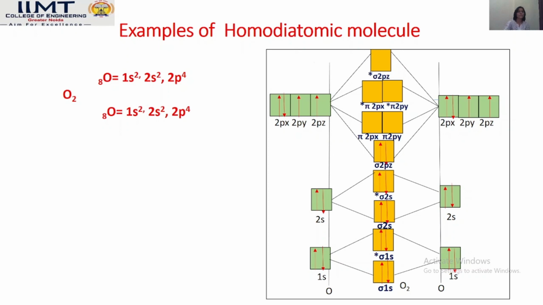Now pi 2px and pi 2py have the same energy, so the first electrons are occupied singly. Now pairing is going to start. The remaining 2 electrons are going to be filled in pi star 2px and pi star 2py.